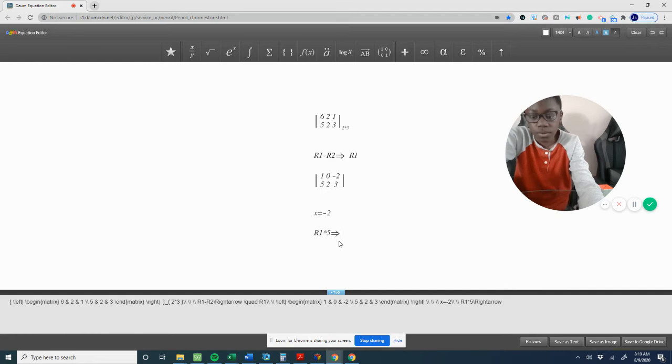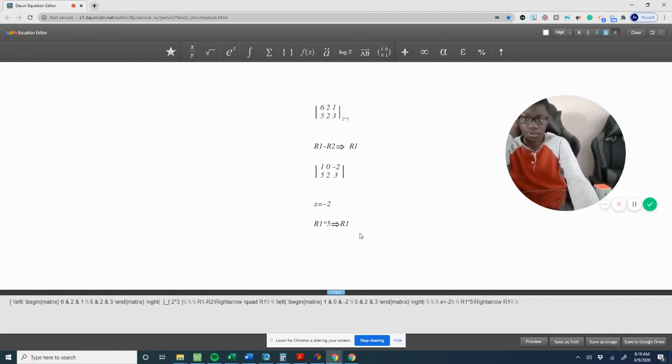This R1 times 5 is our new R1. What we're going to do is go even lower and perform yet another matrix operation. So let me just draw our new matrix.